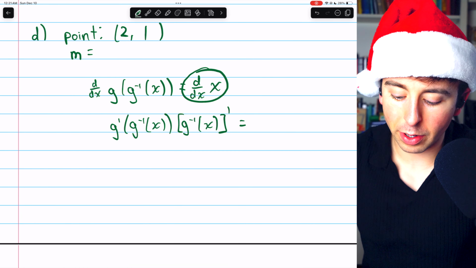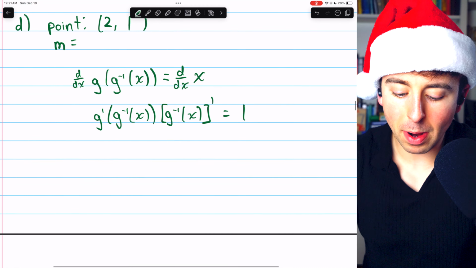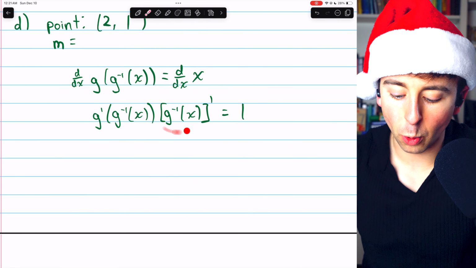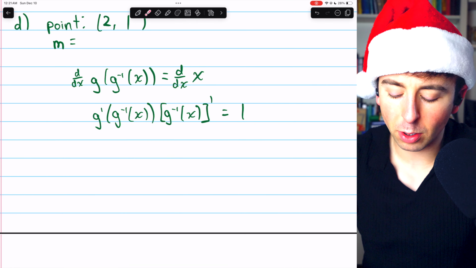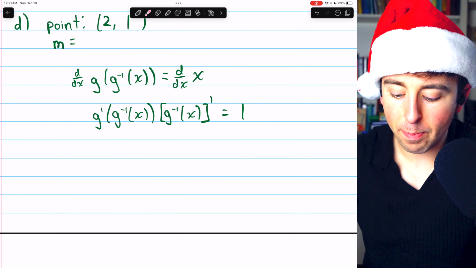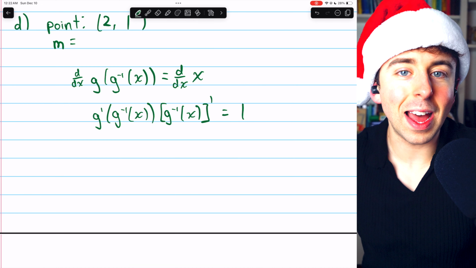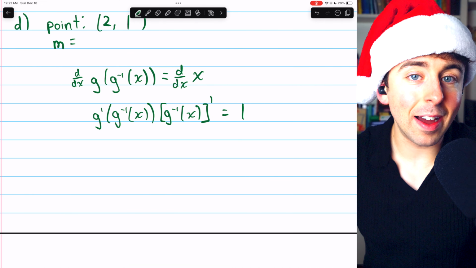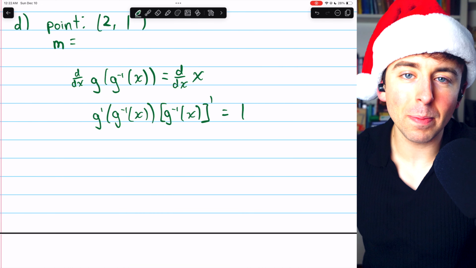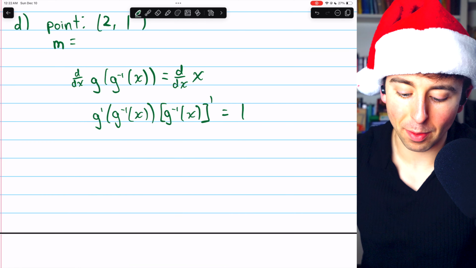On the right, the derivative of x is just 1, and then remember, we're trying to find a formula for g inverse prime, so let's solve for g inverse prime by dividing both sides by g prime of g inverse of x. Again, ideally you have this formula memorized, but this is how you can figure it out if you don't have it memorized.